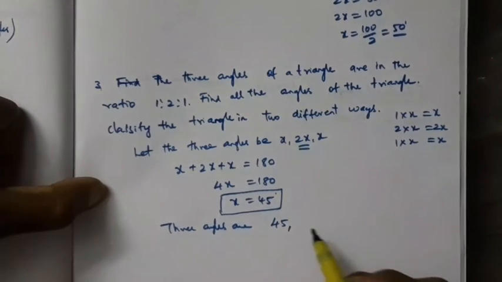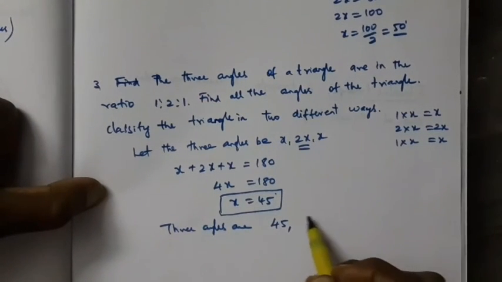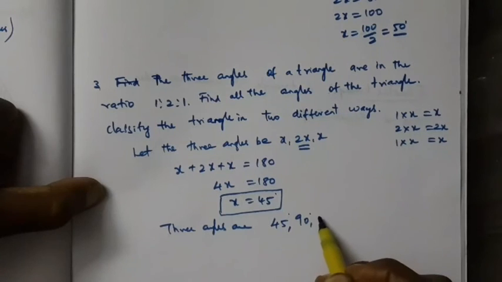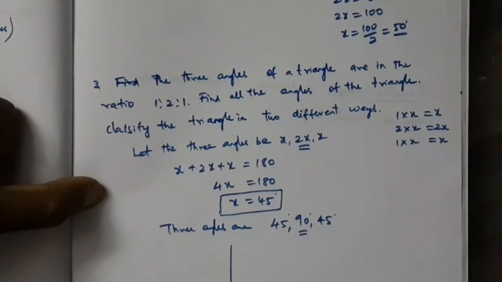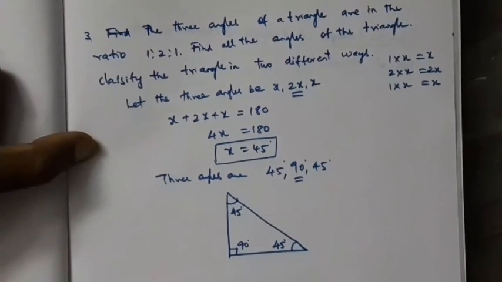What is 2x? 2 multiplied by 45, which is 90. Another one is x, which is 45. So it is a right angle triangle, as you have an angle of 90 degrees. If I draw that, this is 90 degrees, and this angle is 45 and this angle is also 45. So 90 degrees, 45 degrees, 45 degrees.